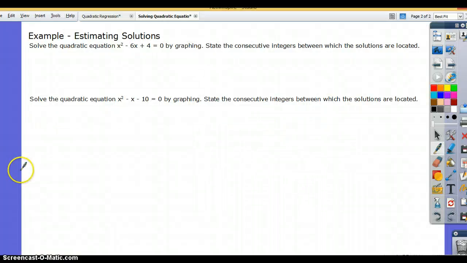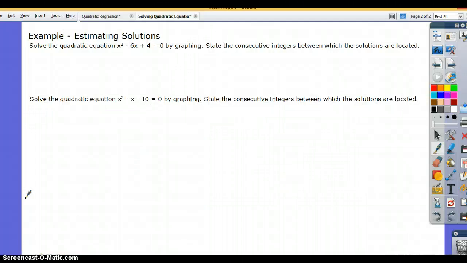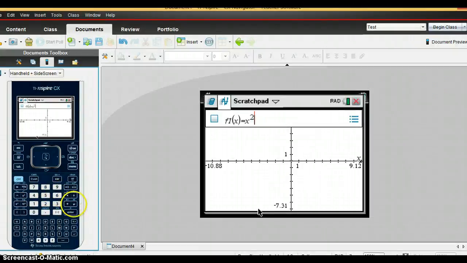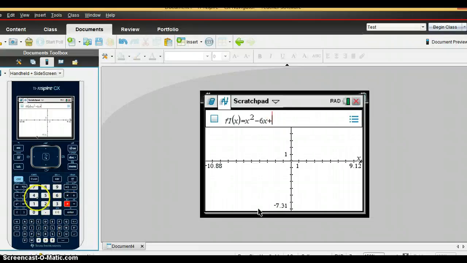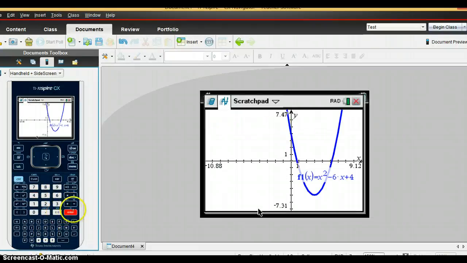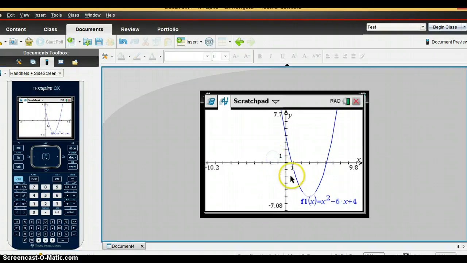So tab x squared minus 6x plus 4. Alright, so as you can see, this is almost 1 but not quite, and that is almost, what, 2, 3, 4, almost 5 but not quite. Okay, so since it's almost 1 but it's to the left of 1, it is between 0 and 1.